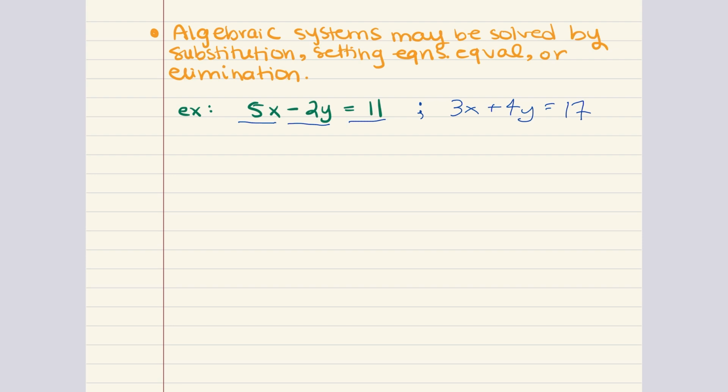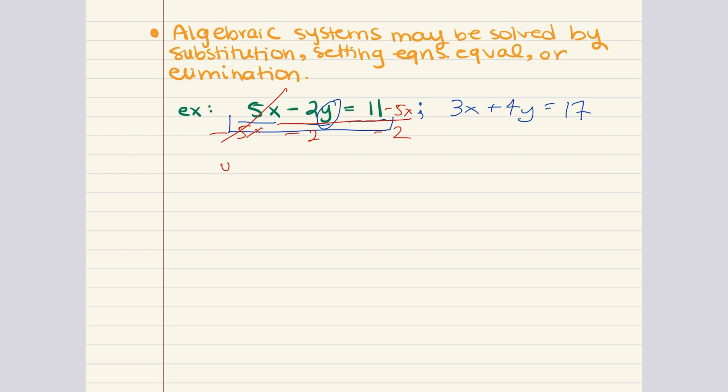In substitution, we want to solve for one variable in one of the equations and then insert this term into the other equation. So let's take advantage of this first equation and solve for y. In order to do that, we're going to subtract 5x from both sides, and then divide both sides by minus 2.